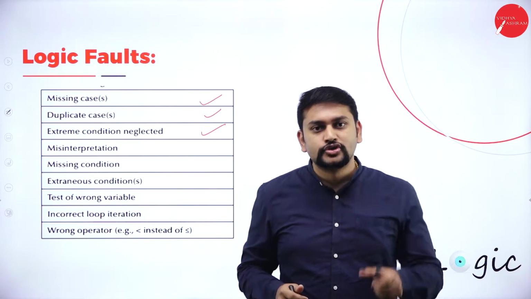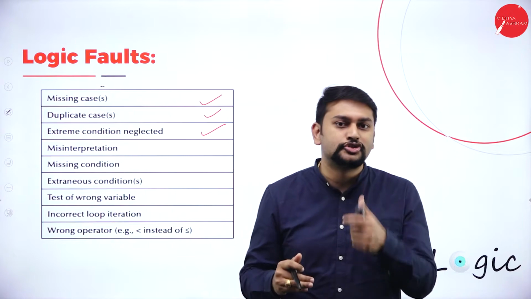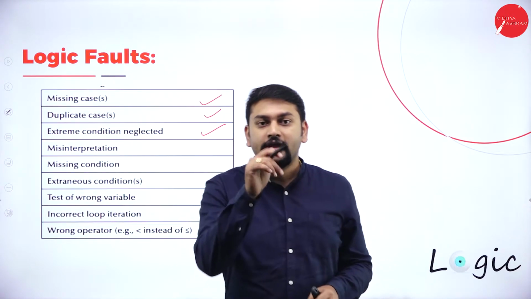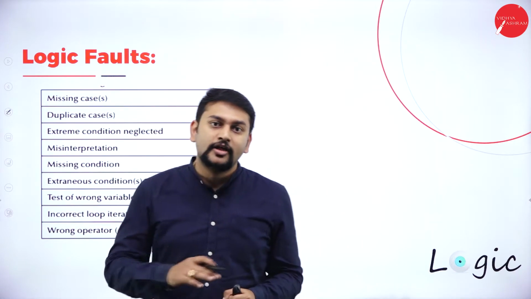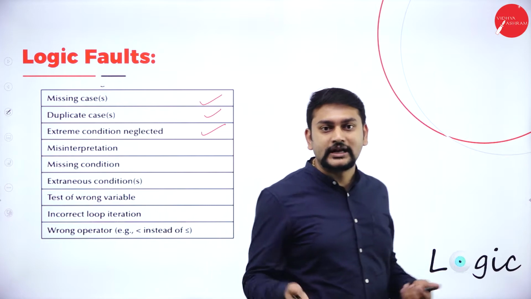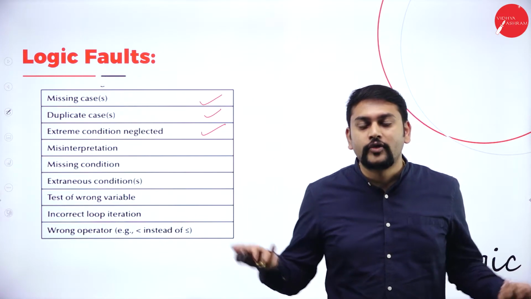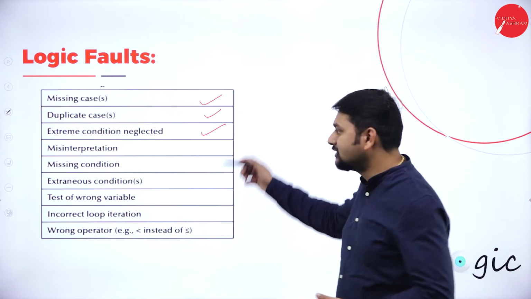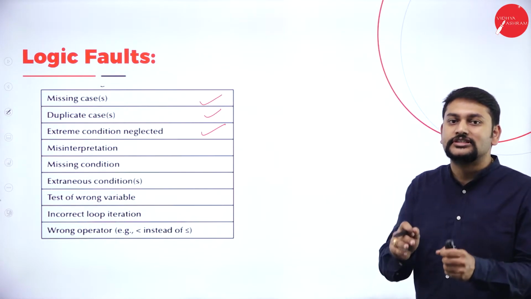So there I have to enter the date and generate. Suppose I can generate the death certificate for the next week, then my system is not working properly. That is the main logic. So how can you forget to validate the date? Yes or no? In the same way, extreme condition is neglected.